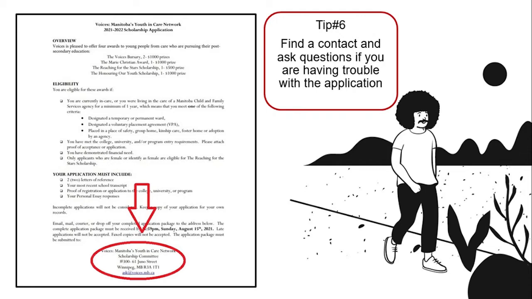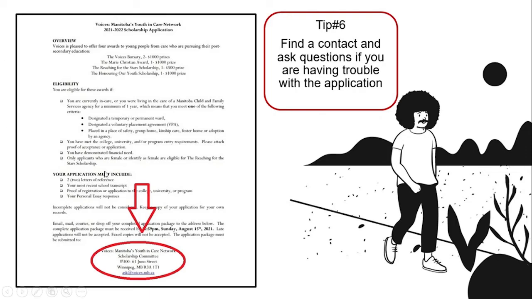Tip number 6 is to find a contact and ask questions if you are having trouble with the application. So if ever you have any questions about a specific application where you want to get a little bit more detail, it's always good to look for those contacts, a phone number or an email, so that you can give them a call or send them an email with those different questions that you have.